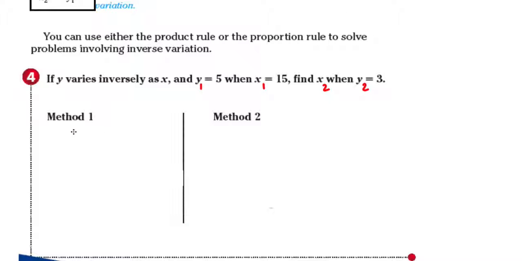Let's take a look at method 1. Use the product rule: x sub 1 y sub 1 equals x sub 2 y sub 2. That's the product rule.